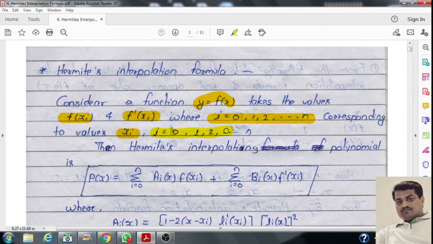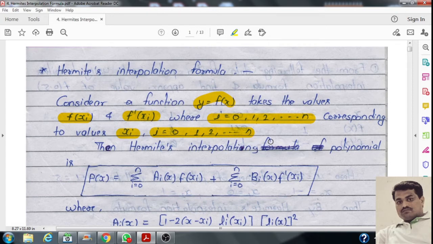Means there is a function y is equal to f of x which takes the values of f of xi and f dash of xi, where i goes from 0 to n corresponding to the values of x from i is equal to 0 to n.